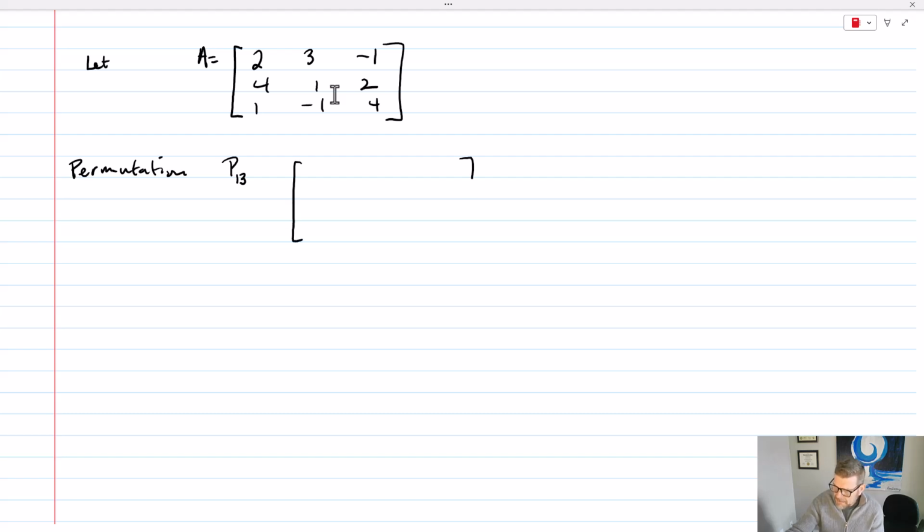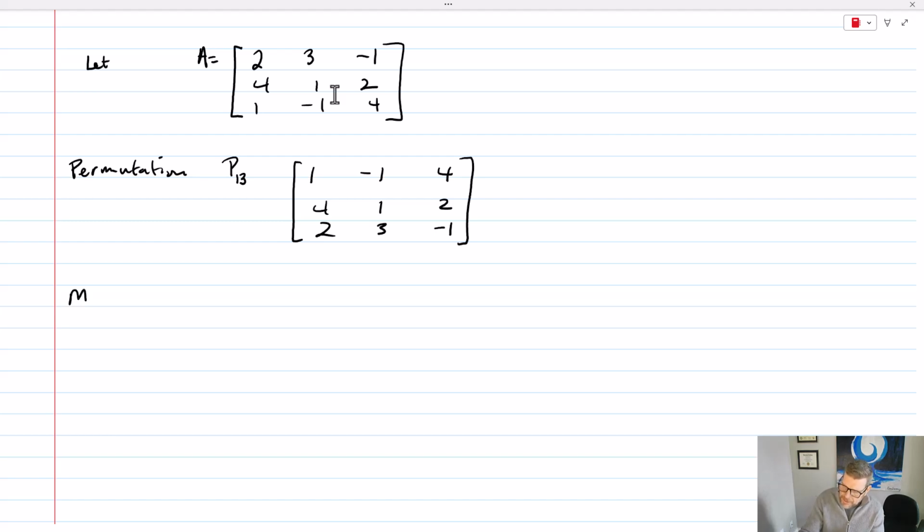That means the first row becomes the third row and the third row becomes the first row. So my new matrix is going to be 1, negative 1, 4, 4, 1, 2, and 2, 3, negative 1. And that's my first row operation. I can interchange any two rows inside of the matrix.